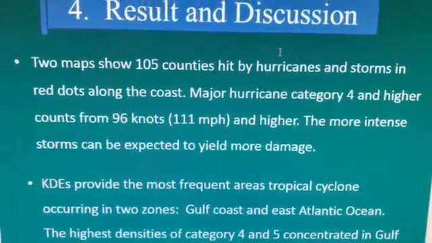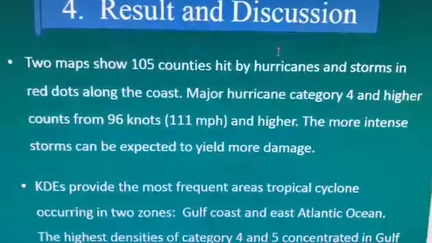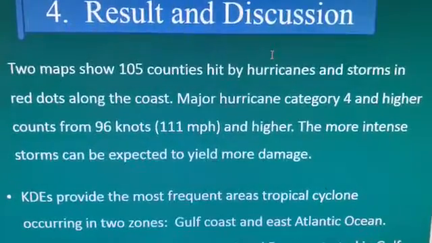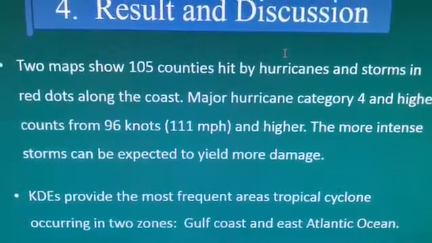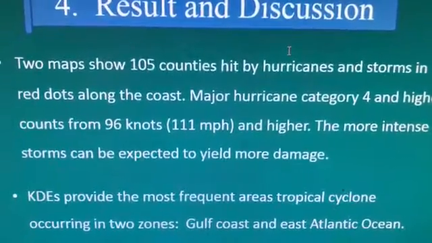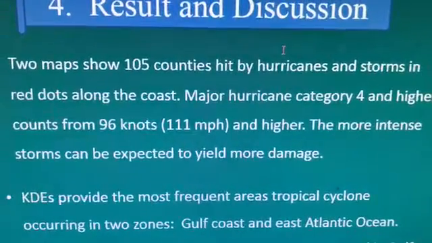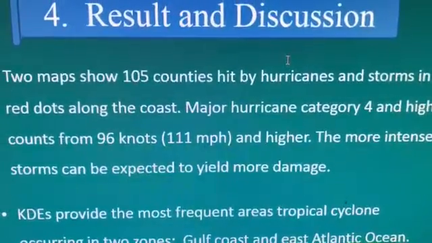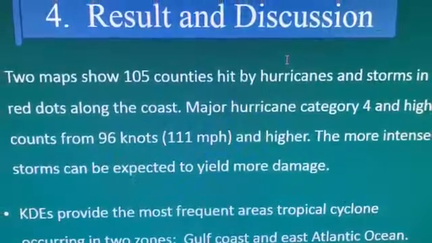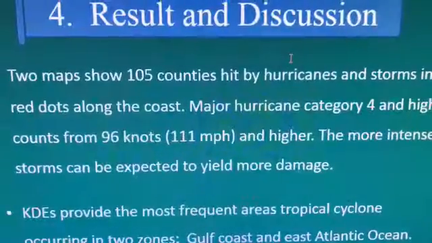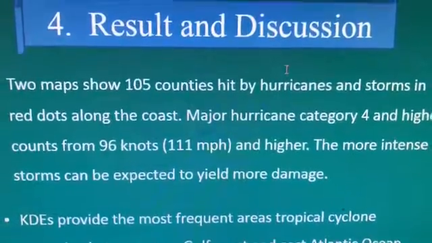Two maps show 105 counties hit by hurricanes and storms, the red dots along the coast. Major hurricanes are category 4 and higher, from 96 knots or 111 mph and higher.